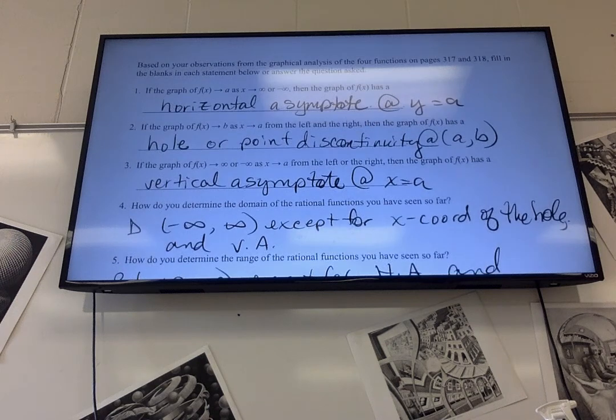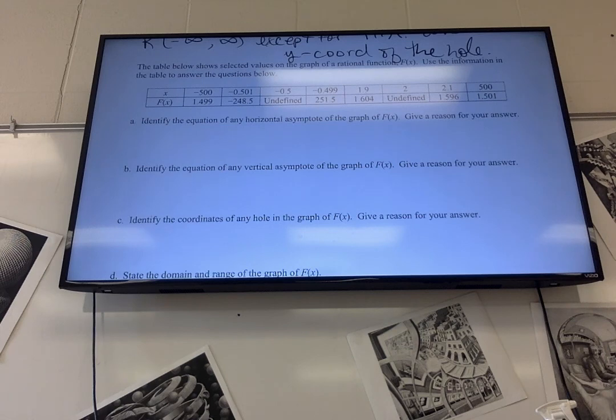Horizontal asymptote. So a horizontal asymptote is if y approaches a, f of x is the same thing as the y-coordinate, as x approaches negative infinity or infinity. So negative infinity is this way for x, and positive infinity is that way.